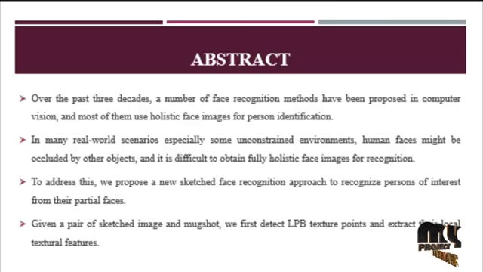To address this, we are proposing a new sketched face recognition approach to recognize persons of interest from their partial face. Given a pair of sketched images and mug shots, we first detect the LPP texture points and extract their local textural features.